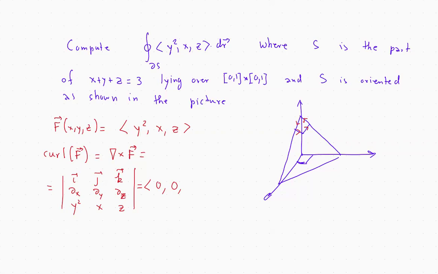Delete now the first row, delete the last column, and take the derivative of x with respect to x, that's 1, minus the derivative of y squared with respect to y, that's minus 2y. And that's the curl. Okay, so this is the vector field whose vector surface integral we should take.